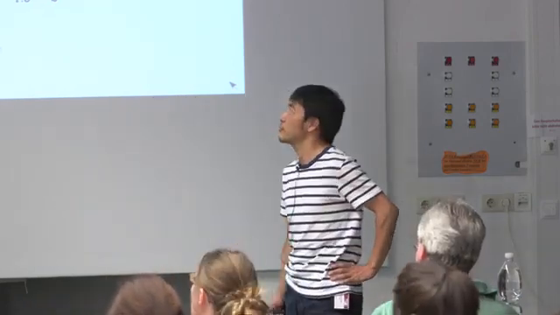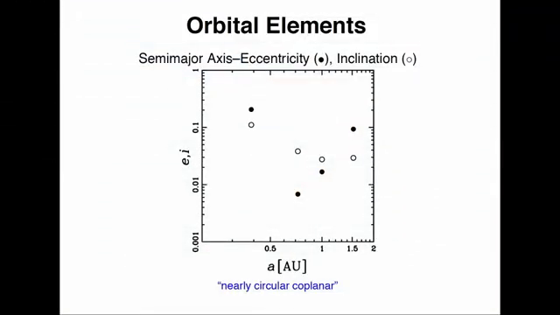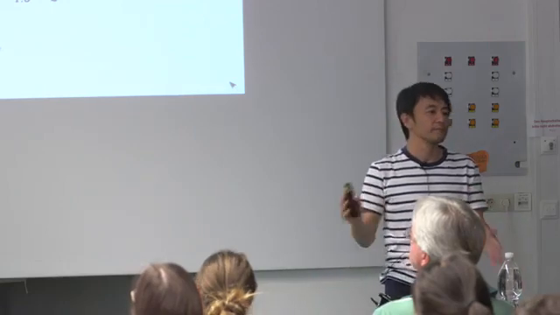And this figure shows the orbital elements. The horizontal axis is the semi-major axis, black points are eccentricities, and white ones are inclinations, for Mercury, Venus, Earth, Mars. Very roughly speaking, the inclination here is in radians, not degrees. All of them are smaller than, say, 0.1.